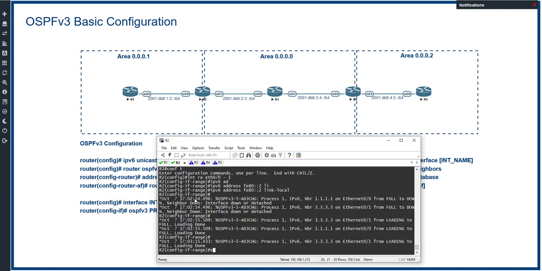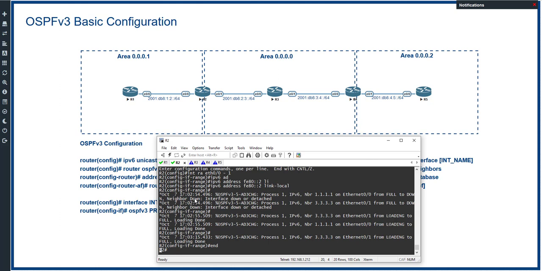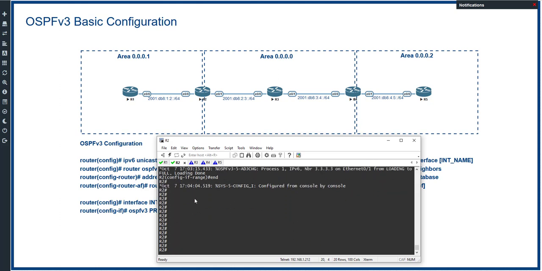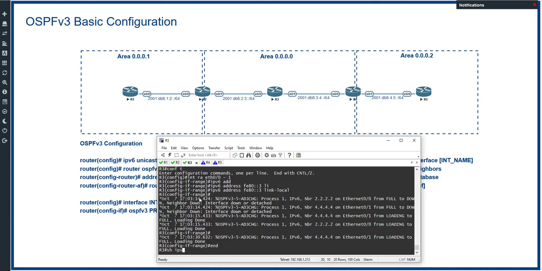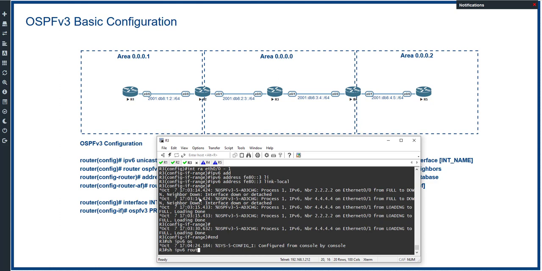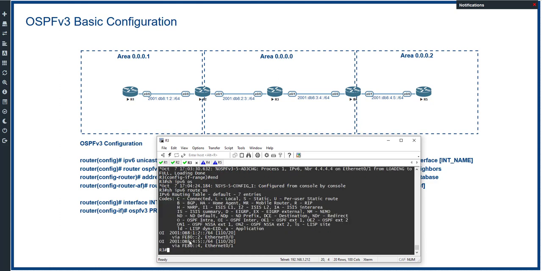About router 2, also here we have simpler work with these link-local addresses. Show IPv6 route OSPF. Look at here. In R2 we are using the next hop FE80::3, okay, and then in router 3, show IPv6 route OSPF can show us we have two next hops, FE80::2, okay, and also FE80::4.